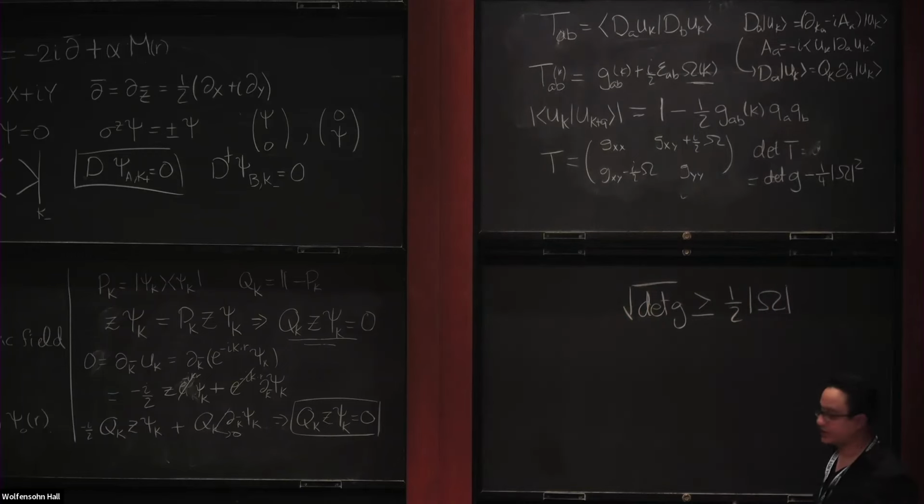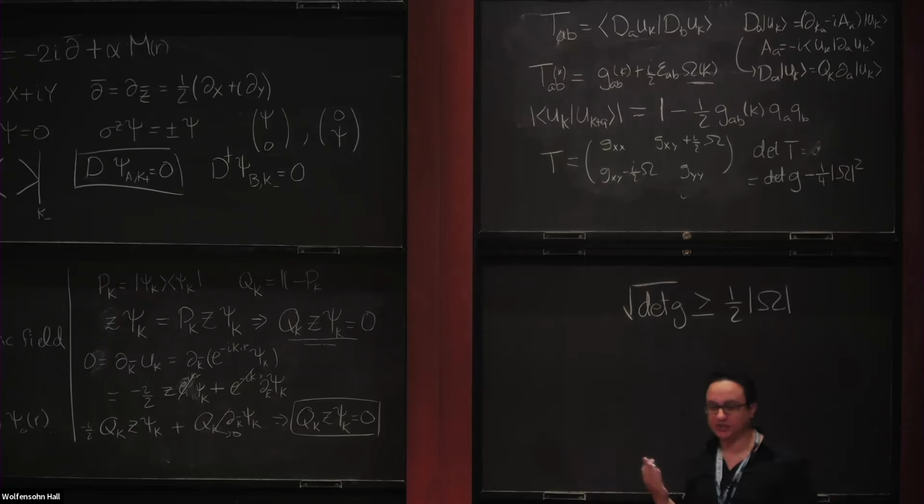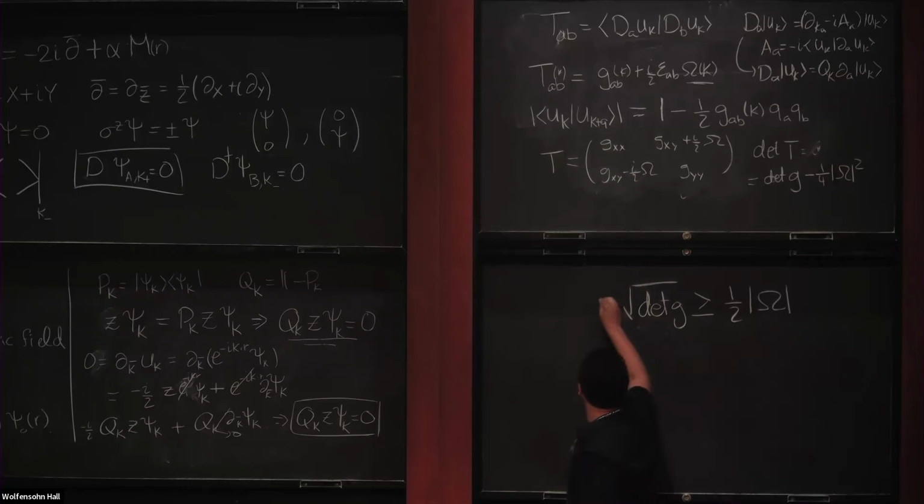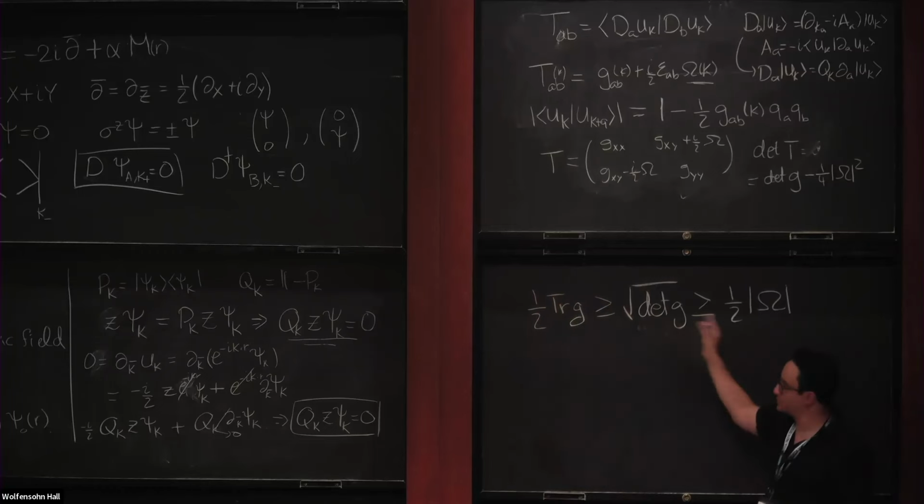There's another relation I can write, which is a very simple relation that holds for any 2x2 matrix. It's basically the statement that the arithmetic mean is always larger than the geometric mean. So the root of the determinant of G is the geometric mean of the eigenvalues. So this has to be smaller than or equal to 1/2 the trace of G. So this sequence of inequalities always holds in 2D.